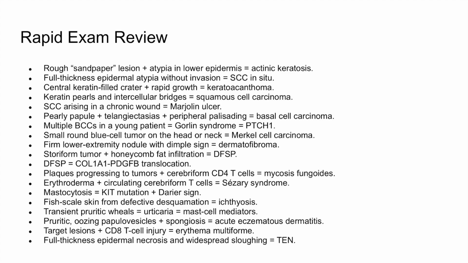A dimple sign suggests dermatofibroma, whereas storiform growth, honeycomb fat infiltration, and COL1A1-PDGFB fusion suggest DFSP, which is dermatofibrosarcoma protuberans. Remember mycosis fungoides for progressive skin plaques with cerebriform CD4 T cells, Sézary syndrome for erythroderma with circulating malignant T cells, and mastocytosis for KIT activation with a positive Darier sign.